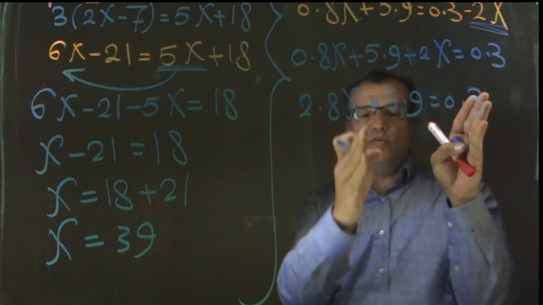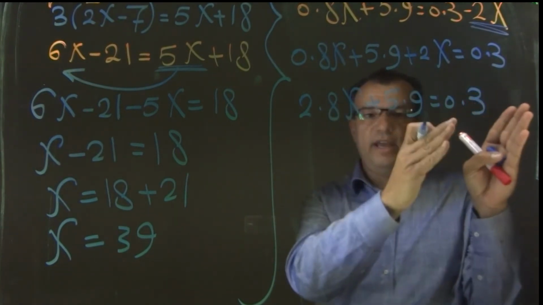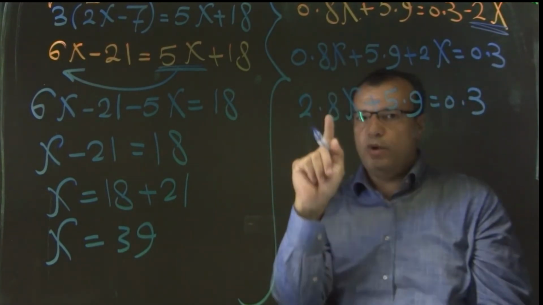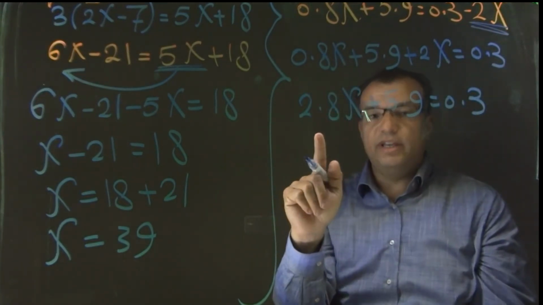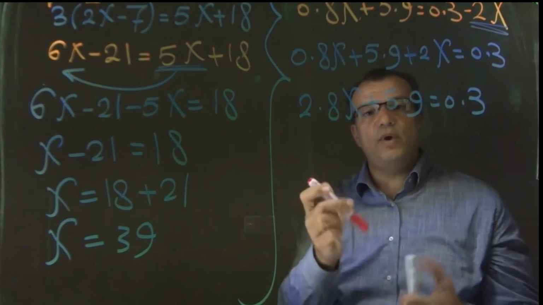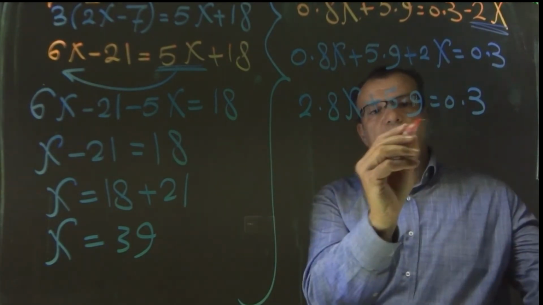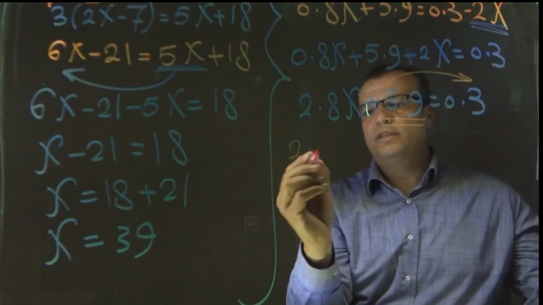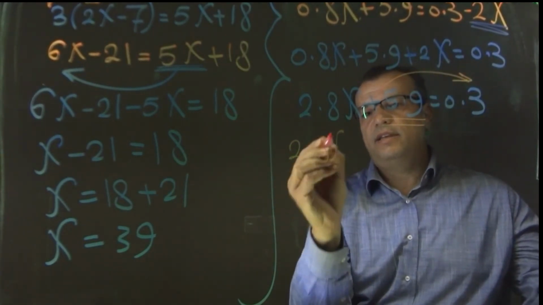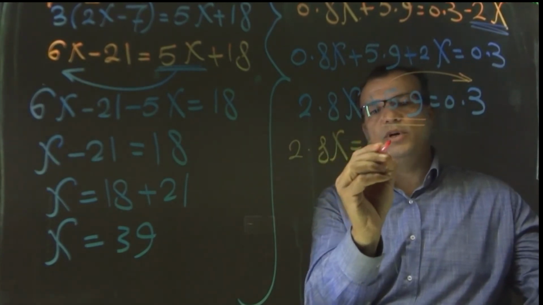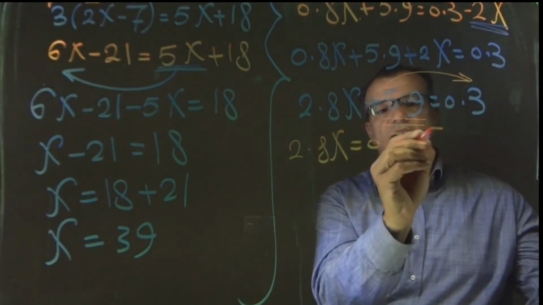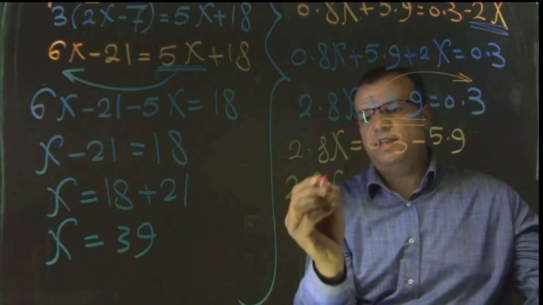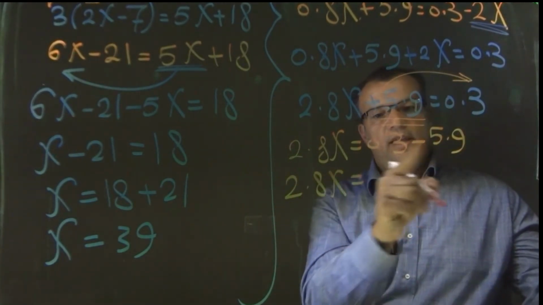Now you want to find the value of x, so move 5.9. We said move adding and subtracting first, and you can move multiplying and dividing later. Inverse the operation. So 5.9 moves to the other side: 2.8x = 0.3 - 5.9.